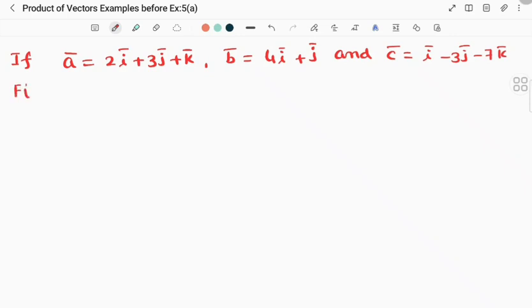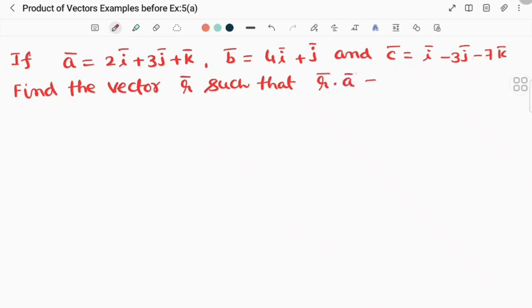Find the vector r bar such that r bar dot a bar equal to 9 and r bar dot b bar equal to 7 and r bar dot c bar equal to 6.